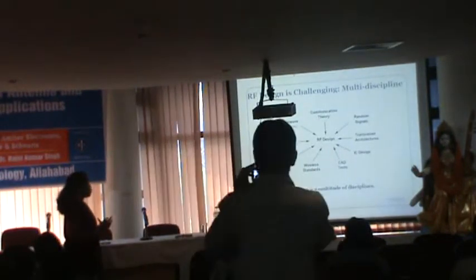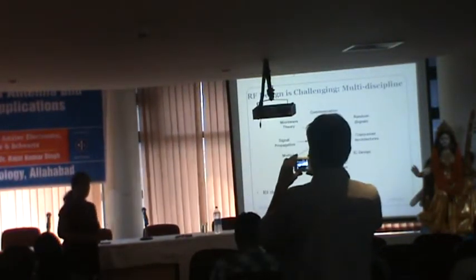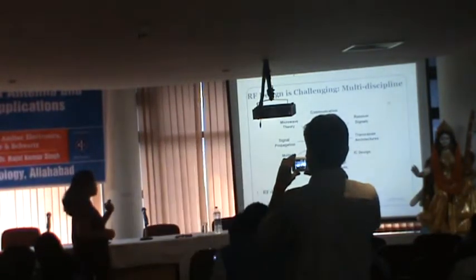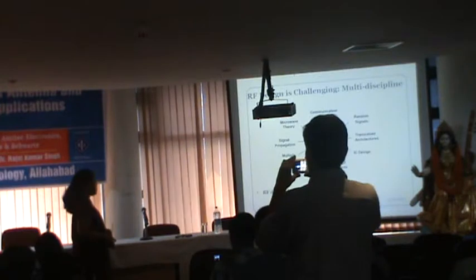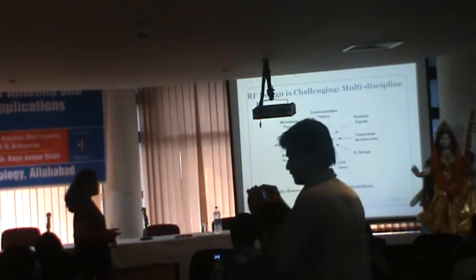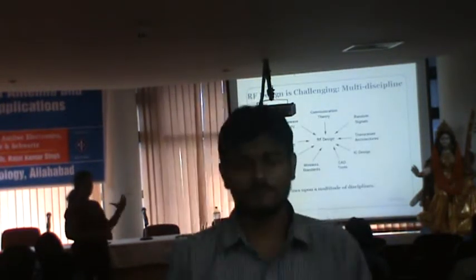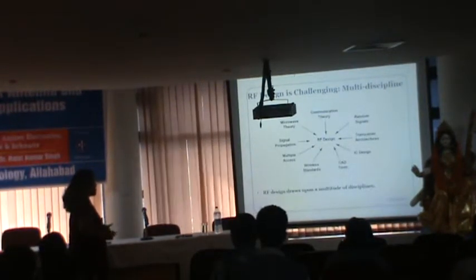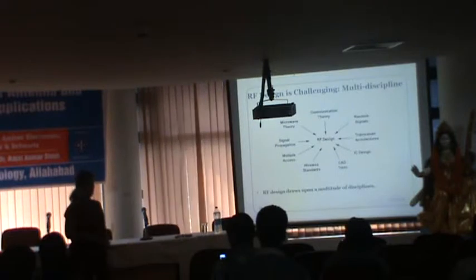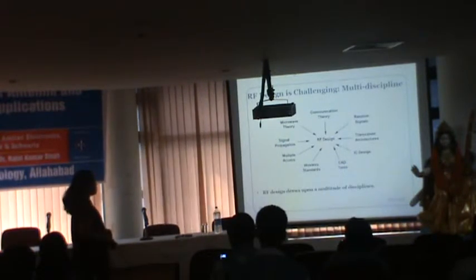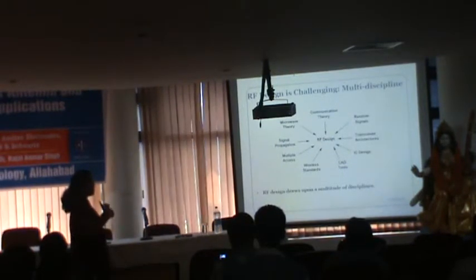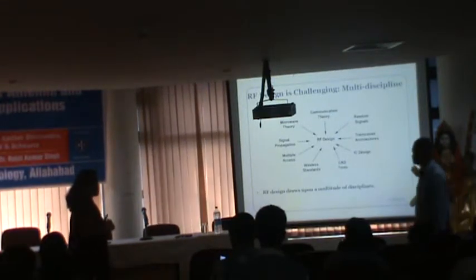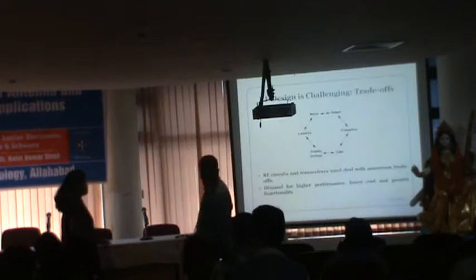For example, you need to know communication theory, and when we are talking about integrated circuit design, we need to know how to actually design the ICs. Then we need to know the CAD tools, wireless standards, and different kinds of multiple access techniques. Then signal propagation, microwaves. So there are various fields we need to know when designing RF circuits or systems. Go to the next.